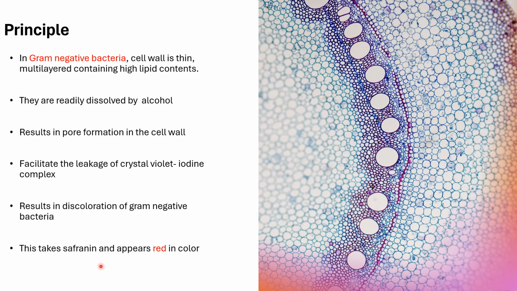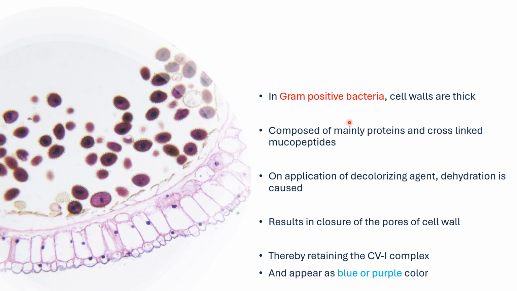So in case of gram negative bacteria, the bacterial cell wall will appear red in color. And in case of gram positive bacteria, the cell walls are thick compared to gram negative bacteria.